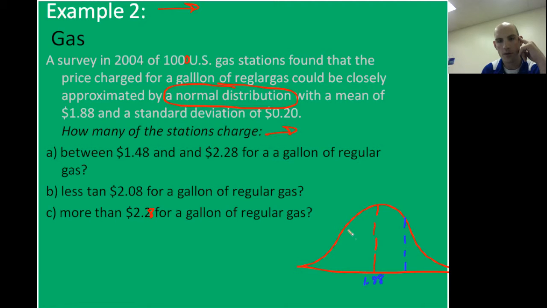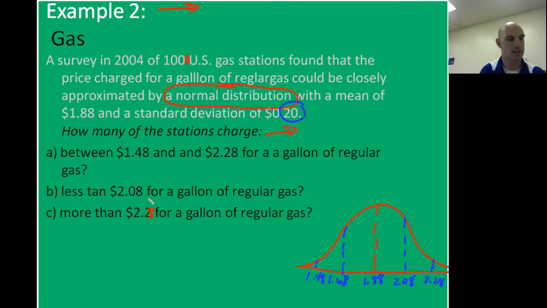And so when we go out from there, since our standard deviation is 20 cents, if we go one above the mean, this is going to be 2.08. This down here is going to be one below the mean, so this is $1.68. As we move out, we go up another 20 cents on this side, and we go down another 20 cents on this side. We want to figure out how many gas stations that is.